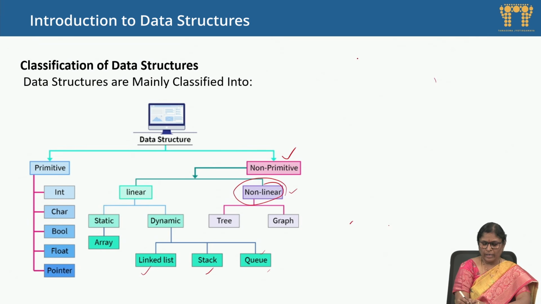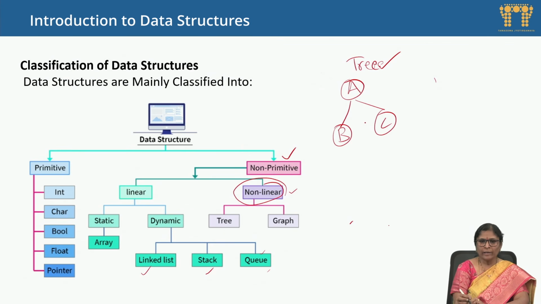Suppose one of the non-linear data structures is the tree. So what is a tree here? A tree contains nodes and also edges, such that it has a hierarchical structure in it. Hierarchical structure means take your family tree, isn't it?